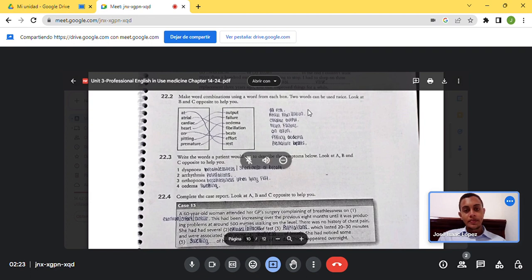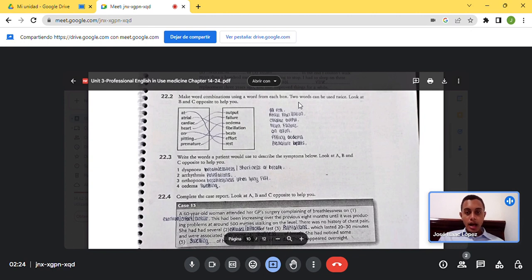Two words can be used twice. Look at B and C opposite to help you. Dice acá que haga una combinación de palabras usando las palabras que están en la caja, y 2 palabras pueden ser utilizadas 2 veces. Mira la opción B y C para ayudarte.